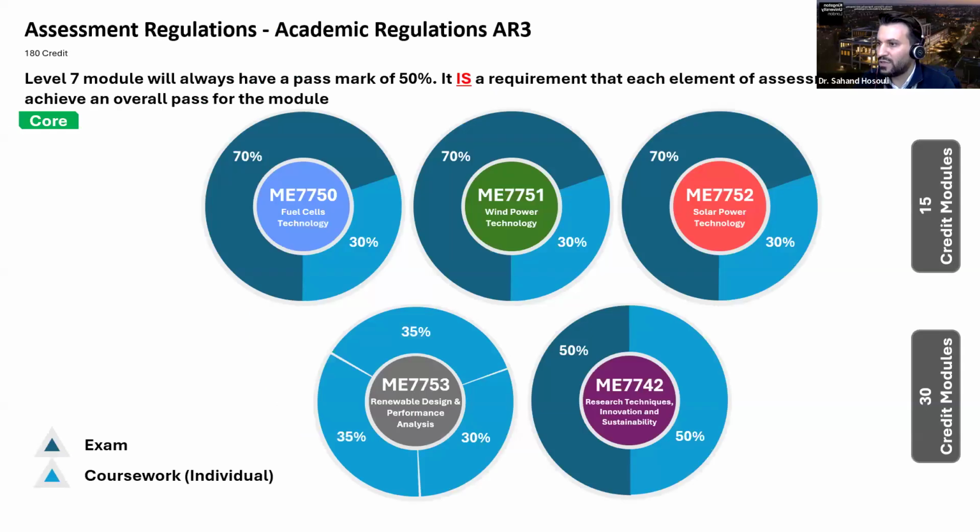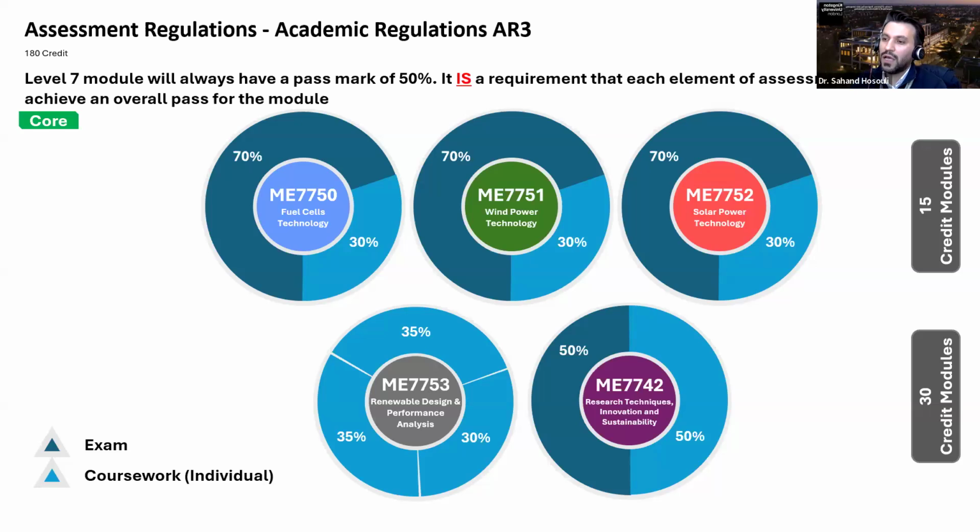Looking at the assessment and regulations, just to recap, lots of students usually have questions. The course has been designed to provide you with skills in working on projects. All the modules, without any exemptions, have a coursework-based assessment method. ME 7750, 51, and 52 mostly involve lab activity, hands-on experience with the kits.